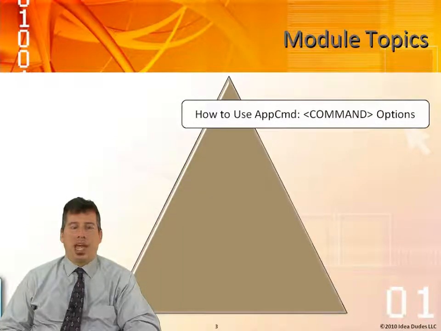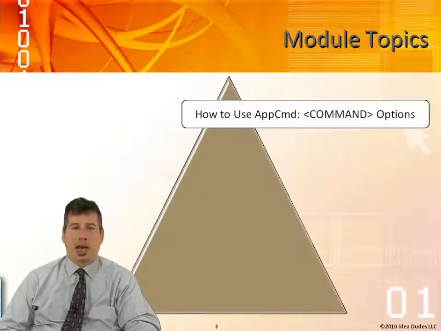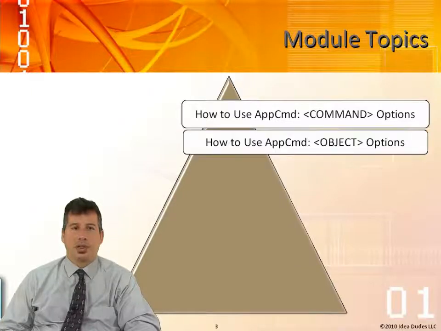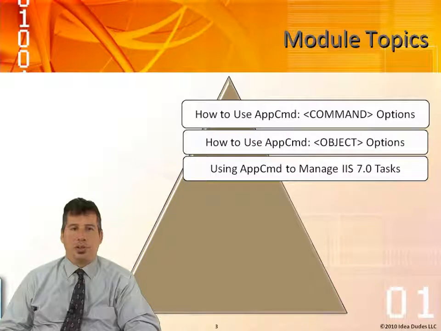We looked at AppCmd, we looked at PowerShell, we looked at the Microsoft Web Administration, the MWA. What we're going to do is look more in depth into some of the different commands. So we're going to look at how to use the AppCmd command options, using the object options, and using AppCmd to manage IIS 7.0 tasks.